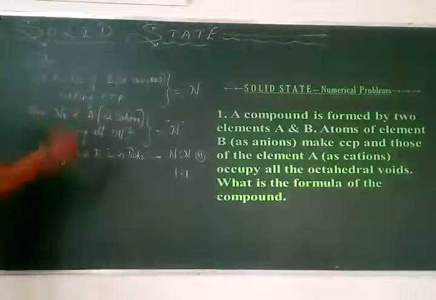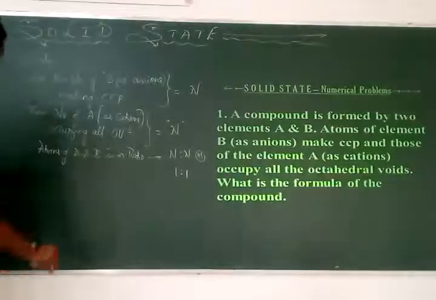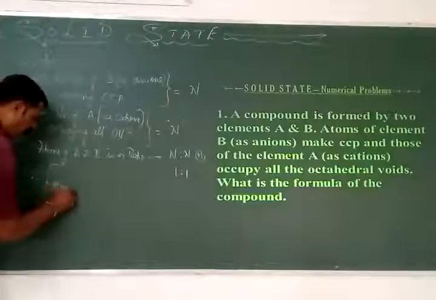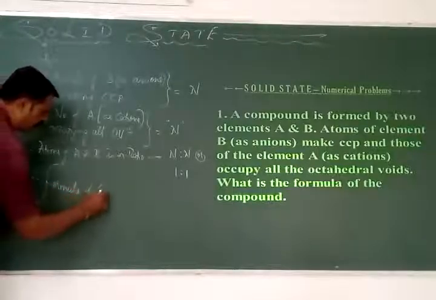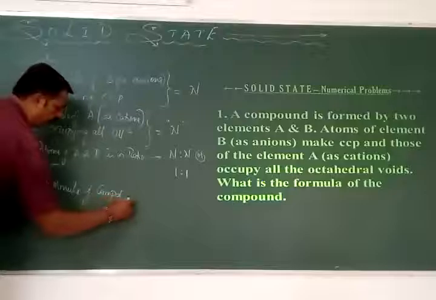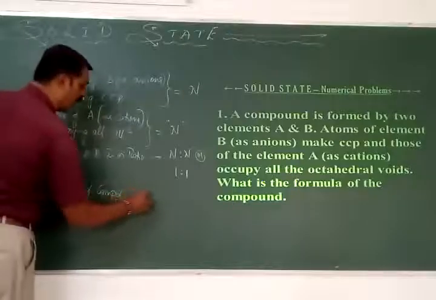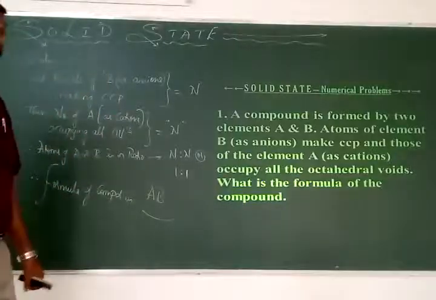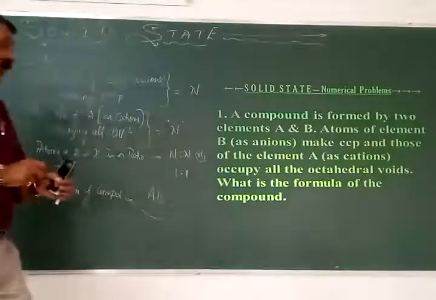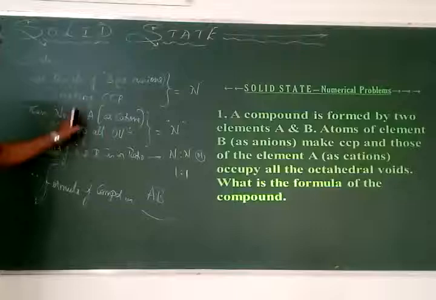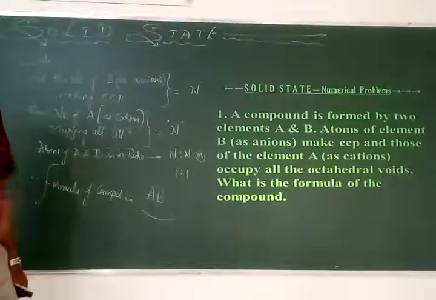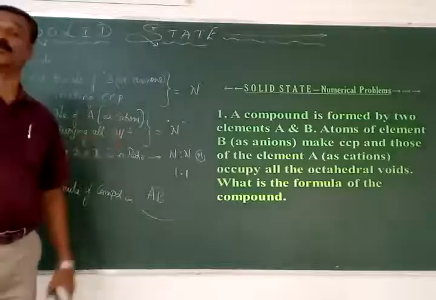Hence the formula of the compound is AB. Here, B acts as anions making the CCP arrangement, whereas A acts as cations occupying all the octahedral voids.